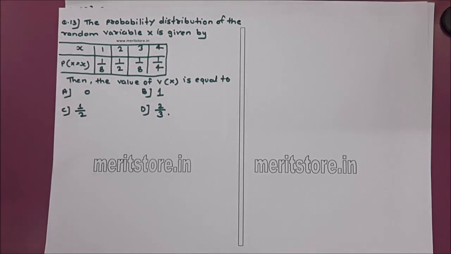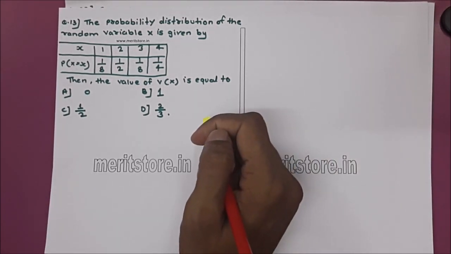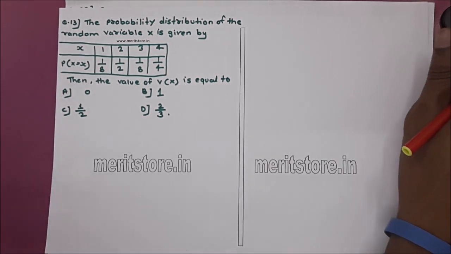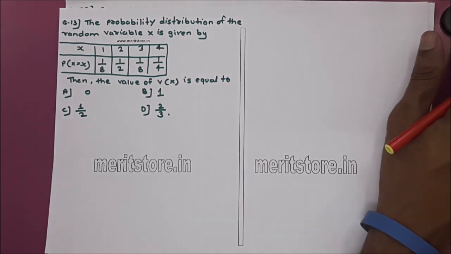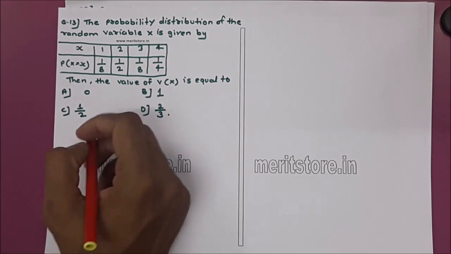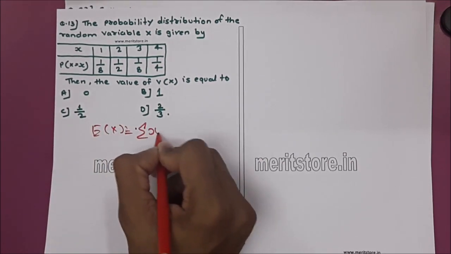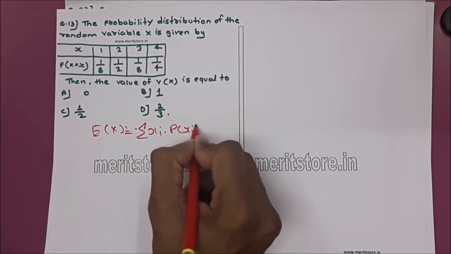Question 13. The probability distribution of the random variable X is given by: X takes the values 1, 2, 3, 4 and the probabilities are 1 by 8 for 1, 1 by 2 for 2, 1 by 8 for 3 and 1 by 4 for 4. Then the value of V(X) is equal to, we start with the expected value that we know as summation of xi into P(xi).